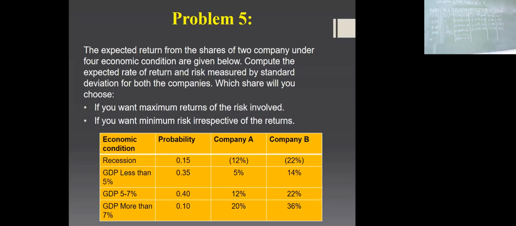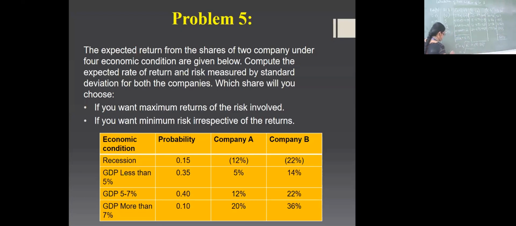Now calculate standard deviation. Standard deviation is equal to the root of summation PI into RI minus ER squared. How much is your variance? What is the total of this last column? 82.34.